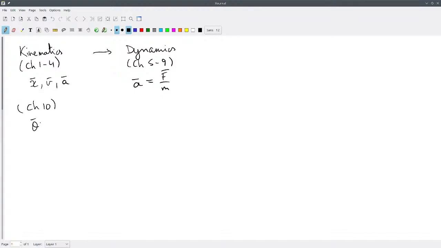So we introduced theta, omega, and alpha as the angular coordinate, the angular velocity, and the angular acceleration. And then in chapter 11, we related that back to the torque on an object. So this is what we've covered: kinematics and dynamics.